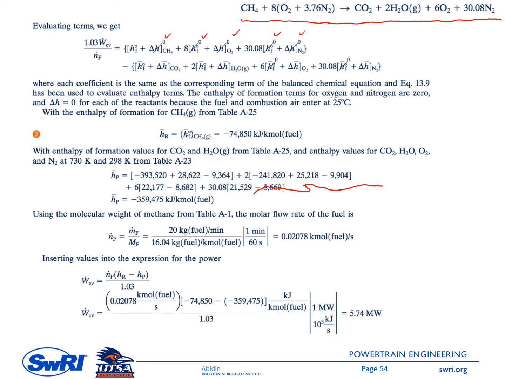And then on the product side, the enthalpy of formation for oxygen is equal to 0. And then the enthalpy of formation of nitrogen equals 0 as well. But they do have delta H because the temperature at the exit of the system is above T reference.